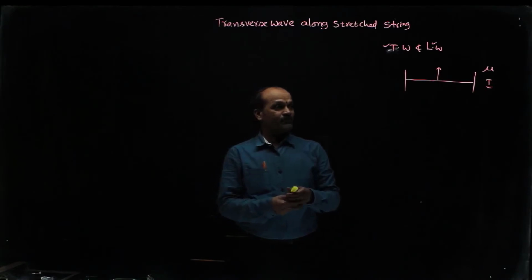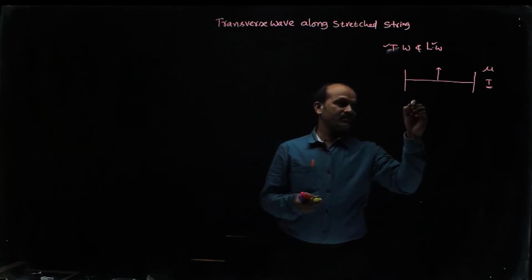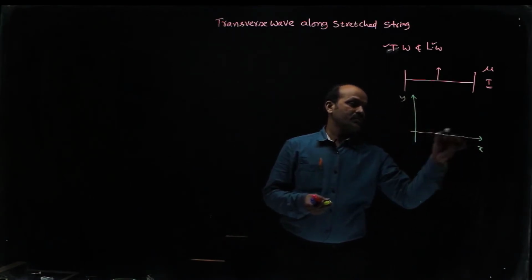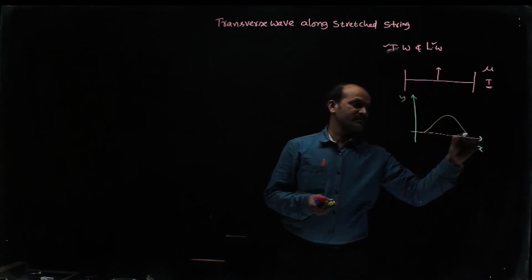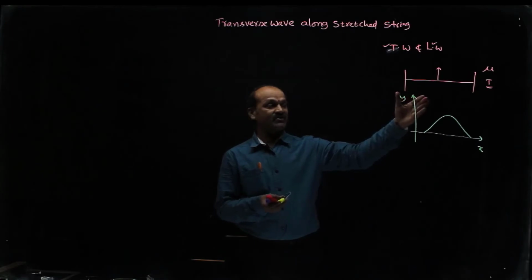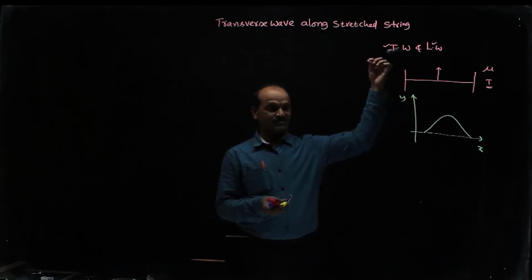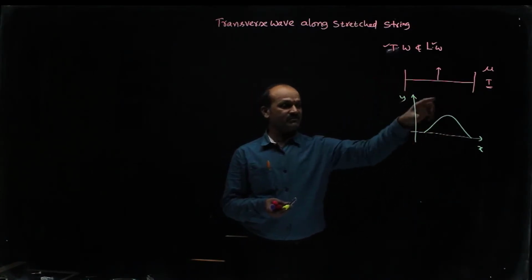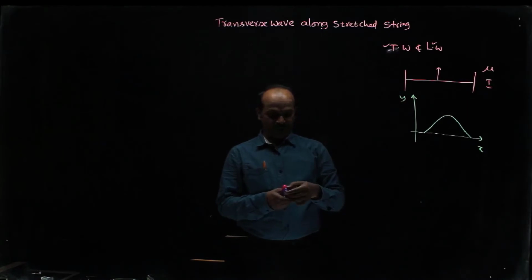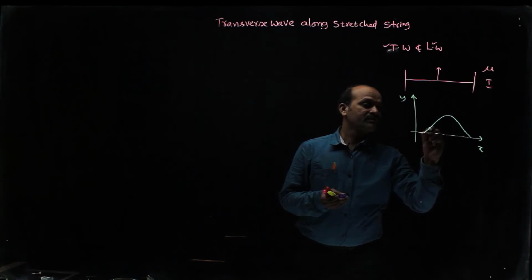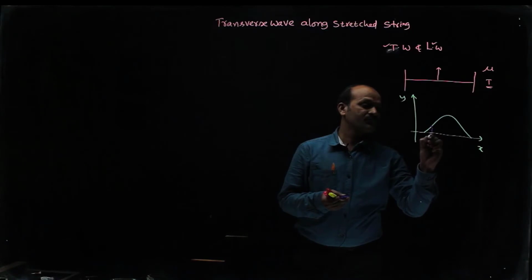So, here we will take any one pulse, like this. Now, the transverse wave is traveling. A transverse wave is generated along the stretched string by plucking at its middle, normal to the length of the string. One pulse we are taking, and somewhere here we'll choose two points at a distance x.